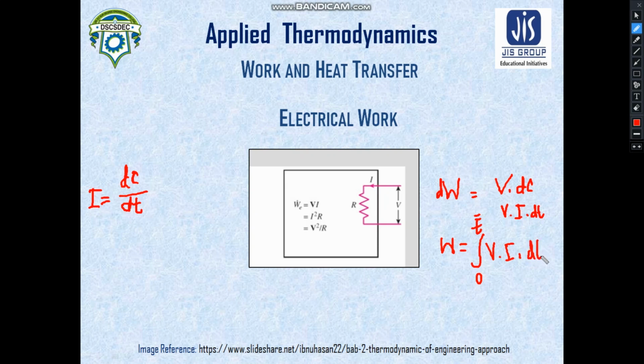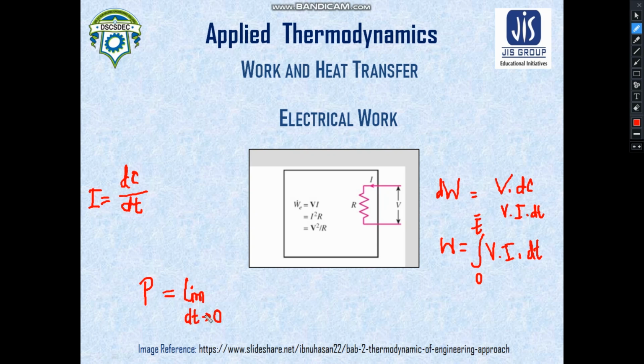Now if you want to calculate the rate of work done, we need to know how much work has been transferred to the resistor for a certain time. So our motive is to calculate the work done per unit time, that is nothing but the electrical power which we are concerned with. Let us consider electrical power as P. From the basic concept of calculus, we know that dt should be very close to 0.